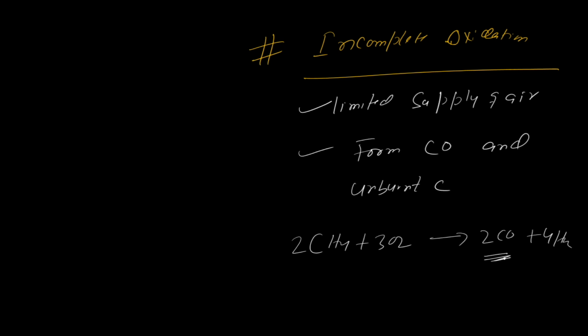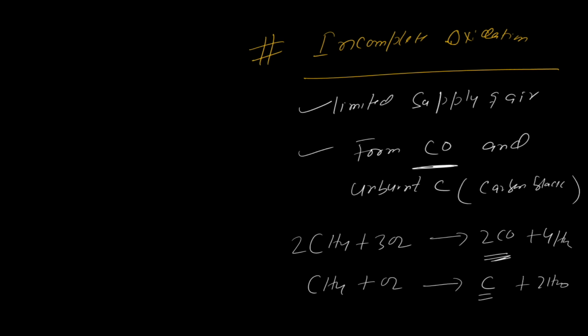So it gives you carbon monoxide. And with limited oxygen, CH4 plus O2 can give you carbon black, that is C plus 2H2O. So it gives carbon monoxide and unburnt carbon, that is the carbon black. So this is the incomplete combustion we have.